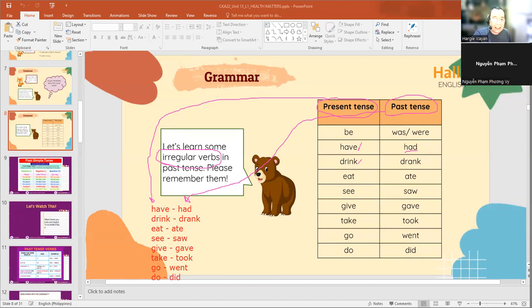Now, on the Skype chat, V, I want you to do this one, huh? On the Skype chat. Can you chat to me? Can you give me the past tense of the following verbs in the present tense?